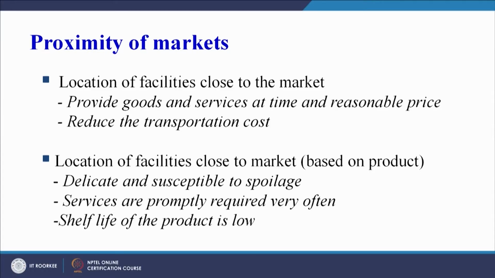Now let us see the controllable factors one by one, as they have been listed in the previous slide. First one is the location of facilities close to the market. One thing is very sure, I have taken an example also, that we must decide on a plant location which is near to the market. How will it help us?